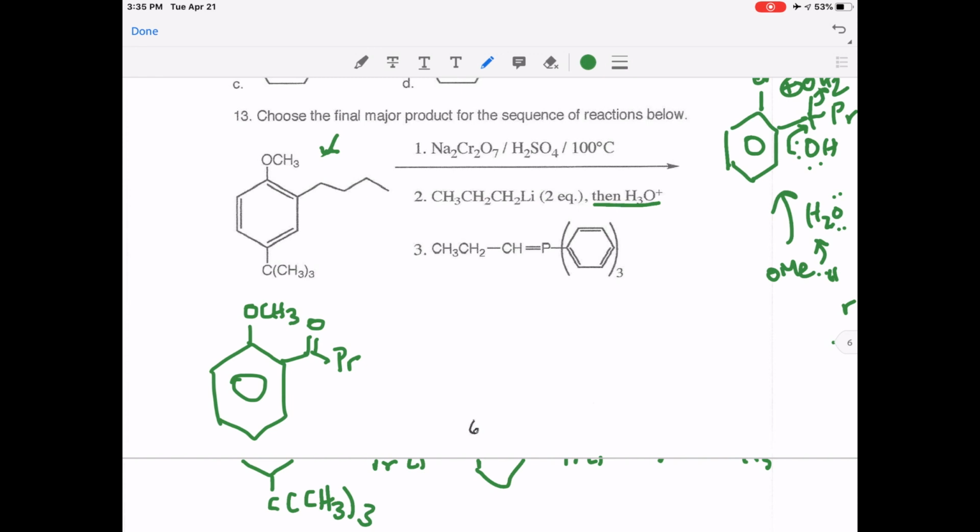So now for the third part, we have this reagent right here. And when you see this reagent, the reaction that should come to mind is the Wittig reaction.